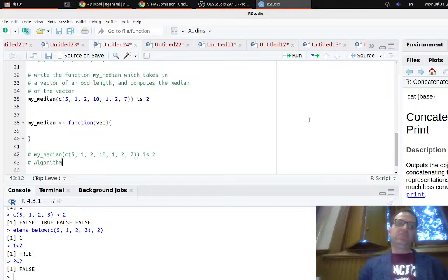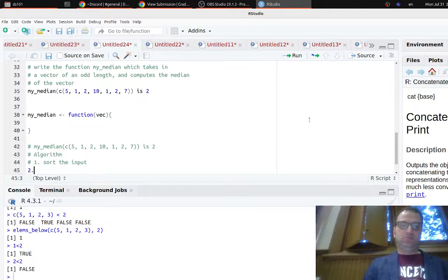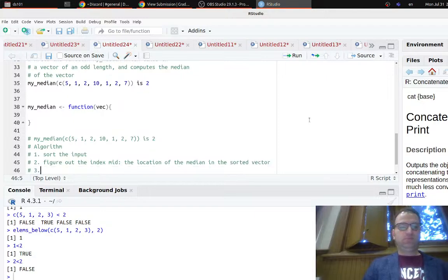An algorithm is just a recipe for getting the answer, at least for our purposes. So: sort the input. Figure out the index mid, the location of the median in the sorted vector. And compute the element in the sorted vector at location mid.